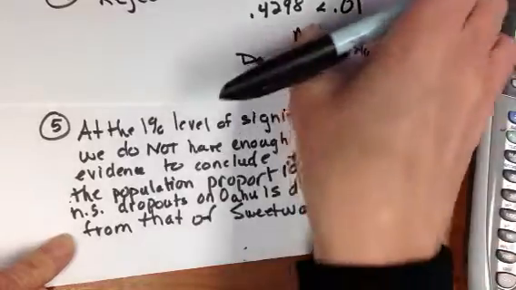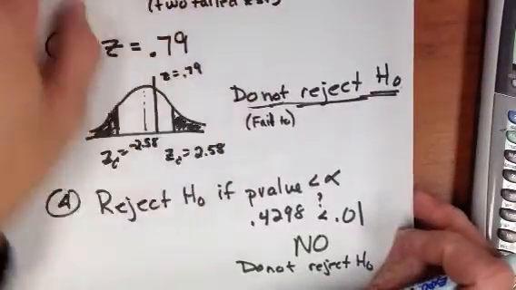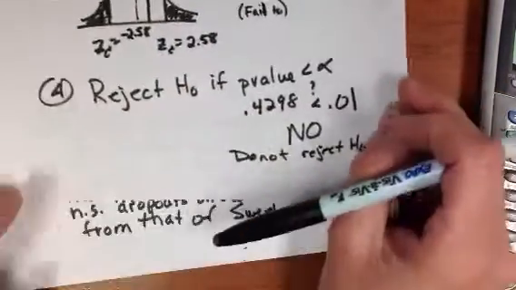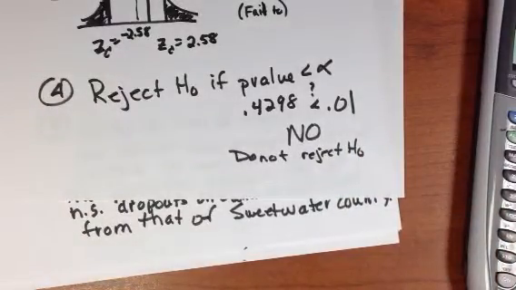Remember in hypothesis testing, even though our calculated sample proportions are different, there's not enough statistical evidence to say that the population proportions are different.